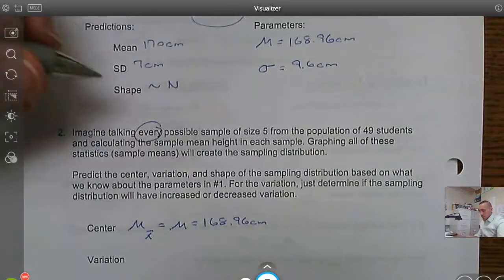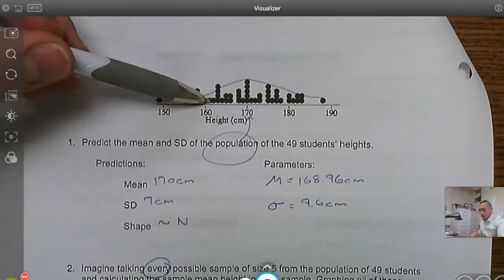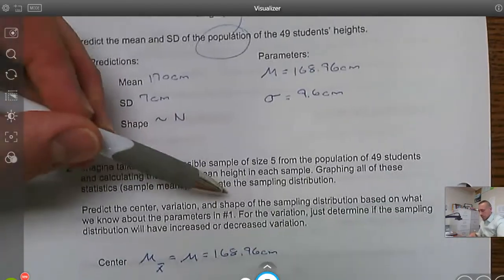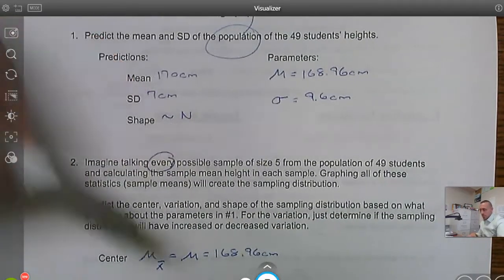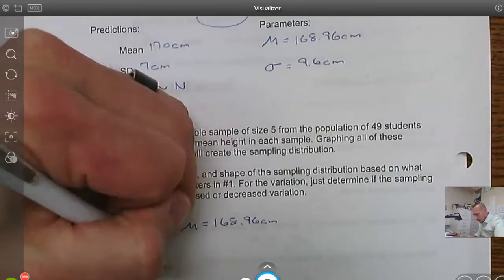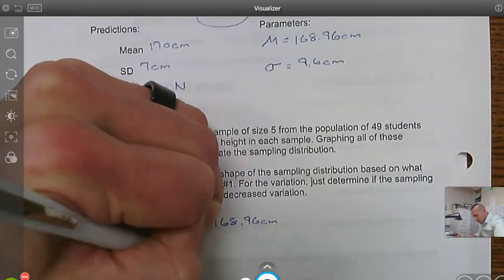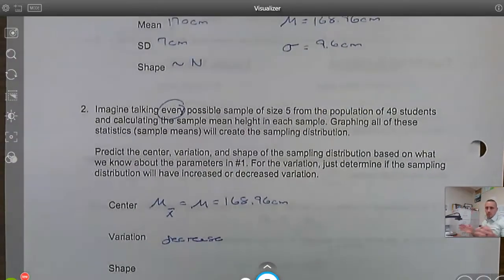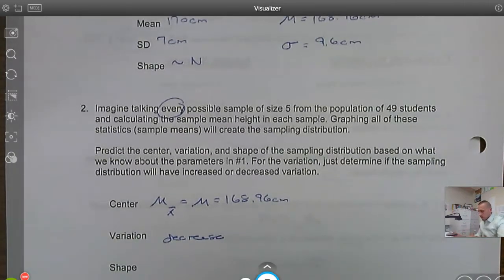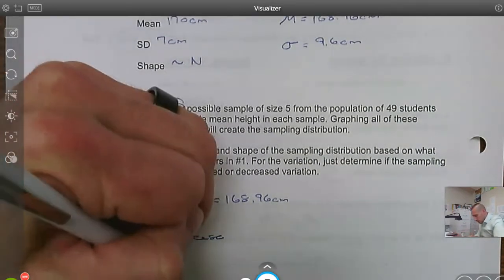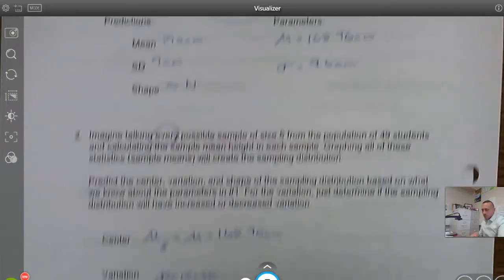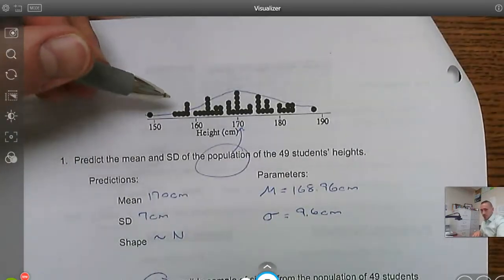The variation, the sample size, here we're looking at one individual student. Now we're looking at groups of 5 students. So the sample size is increased. So the variation is going to decrease. Sample size goes up. I get more precise estimates, less variability. For the shape, I'm going to predict that this is probably going to be approximately normal because the population is approximately normal.